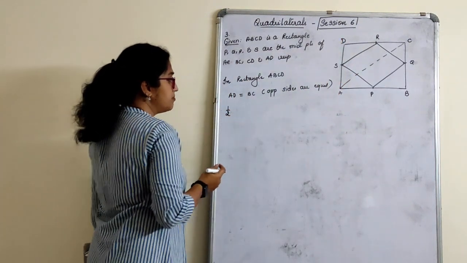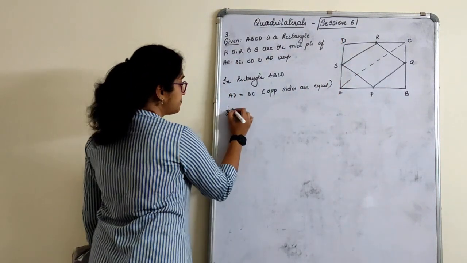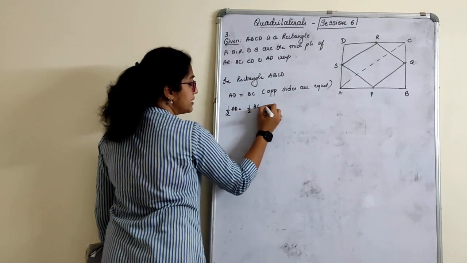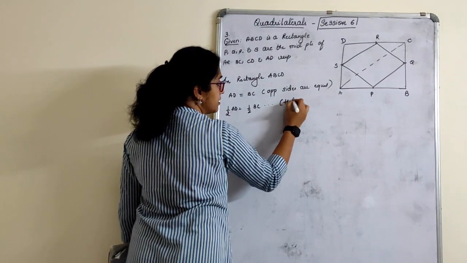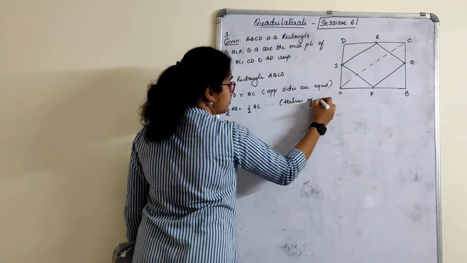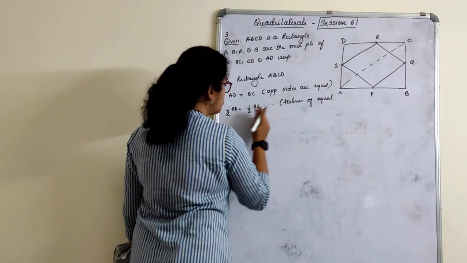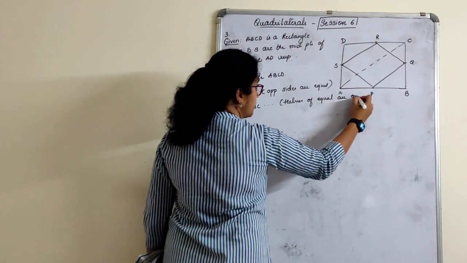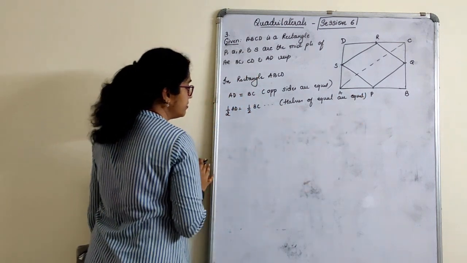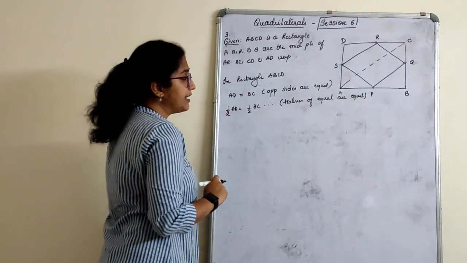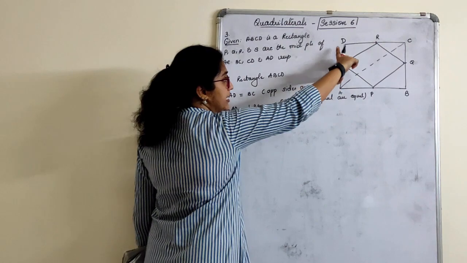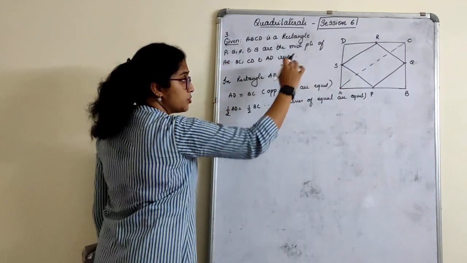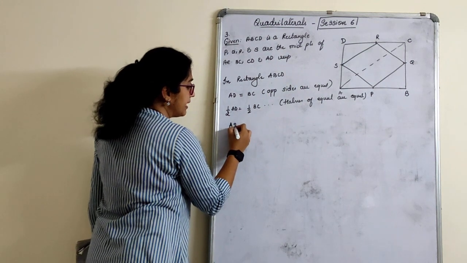We know from the axiom that halves of equal are equal. Half of AD is equal to half of BC. Halves of equal, wherever you use something, the reason is must and should: halves of equal are equal, or you can write the axiom number also. What is half of AD? We all know that S is a midpoint. Half of AD is either AS or DS. I will choose the first half, AS.